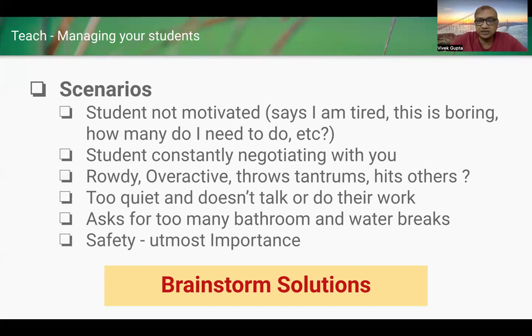There is no negotiation there. And sometimes the student starts to hit the other child, absolutely no. So you want to stop them right there. And then, if it becomes a challenge, then you call the leads or you take the student to the lead, and they would then work with them. But safety is absolutely not a compromise.